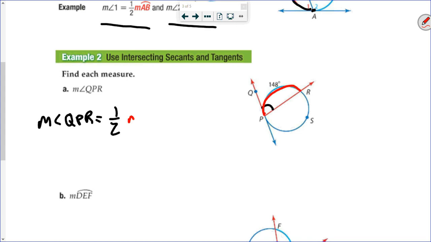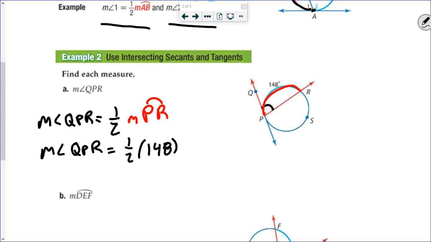We substitute our value for arc PR: 1/2 of 148. So the measure of angle QPR would be 74 degrees.